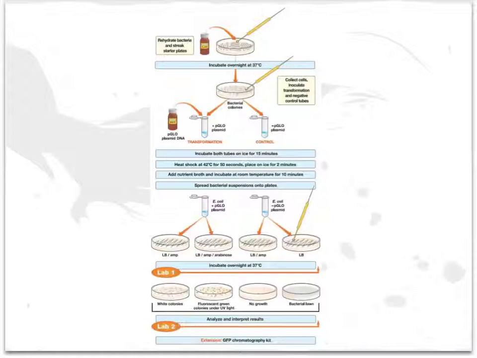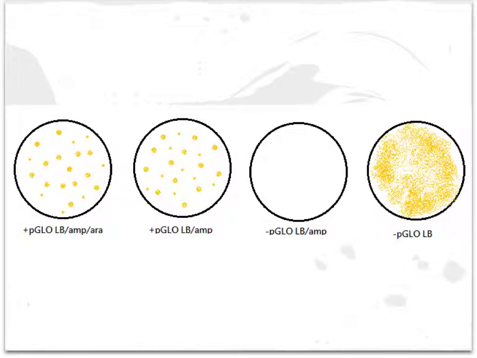What should your inoculating loop look like? What is an inoculating loop? What is heat shock? Why do we do it, and how do you do it? And specifically, why are we adding ampicillin? Why is that important? And why are we adding arabinose? So stay tuned for that, and email me if you have any questions.